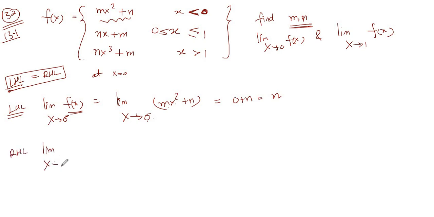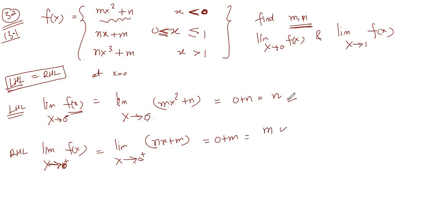Let's take RHL. The limit as x tends to 0 plus of f(x). Where x is more than 0, it is this one. So this will become the limit as x tends to 0 plus of nx plus n. When we put x is 0, it will be 0 plus n, which is n.